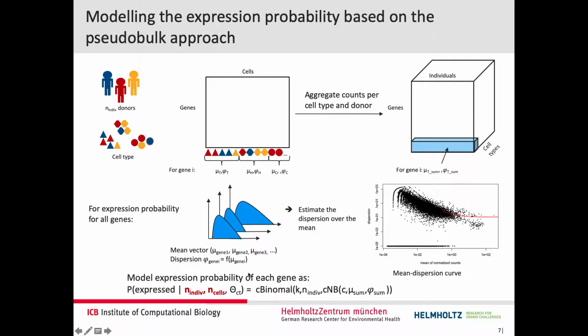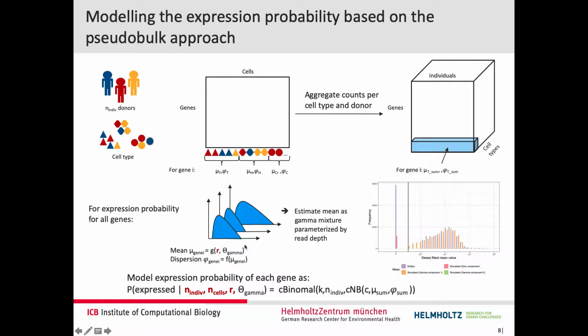We abstract the dispersion vector using a mean dispersion curve. That's a very classical approach already used, for example, in the ECCB. And then if we look at the mean vector, we see that all genes within one cell type follow a gamma mixture distribution with two gamma components and one zero component. So we model all means according to this distribution.